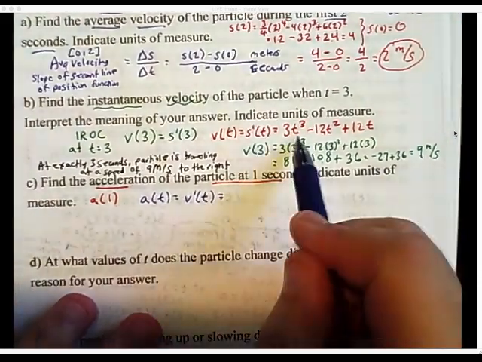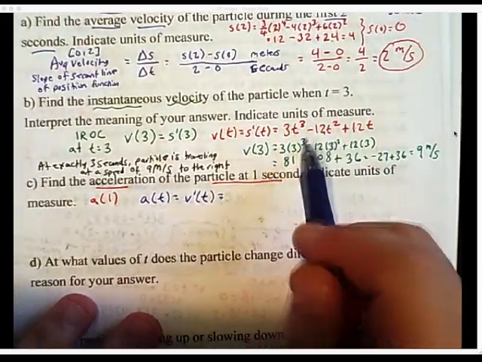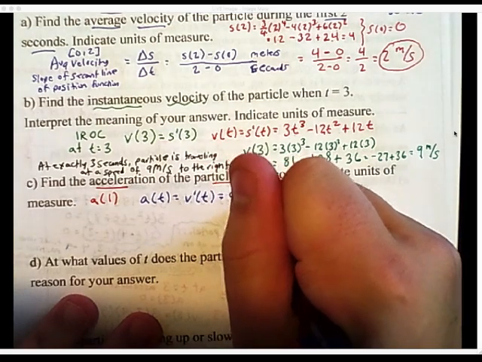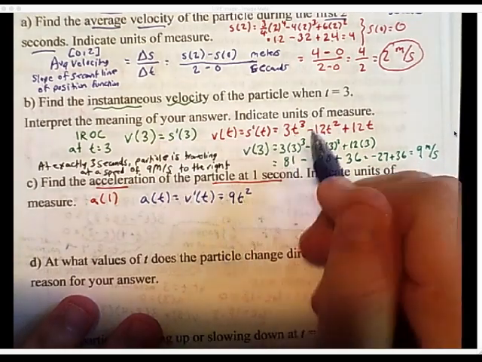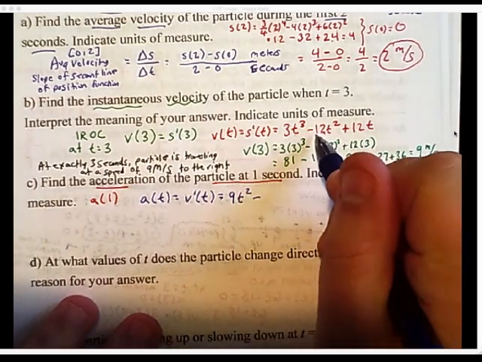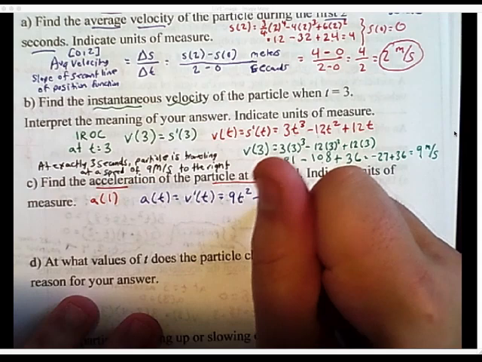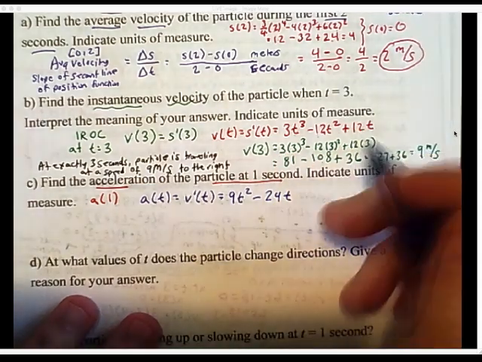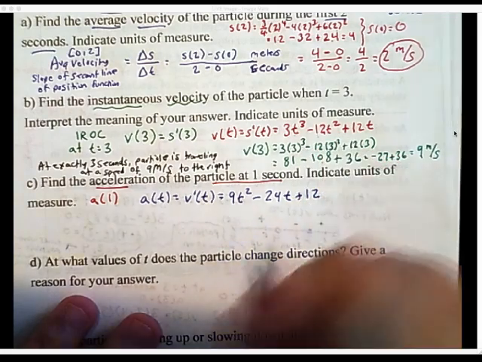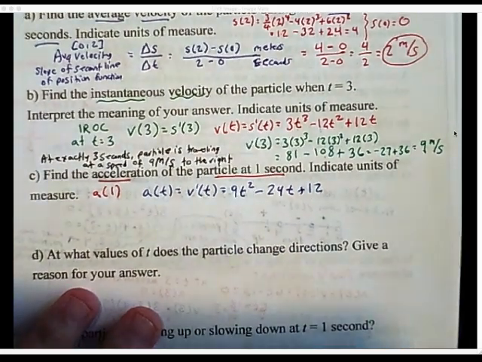Here's my equation for velocity, so I have to take the derivative. The derivative of the first term would be 3 times 3 is 9t squared, minus 12 times 2 is 24t, reduce the power by 1. The derivative of 12t is just 12.